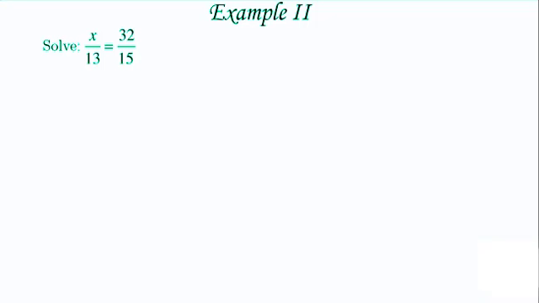This example is, again, a proportion, and it's asking us to solve. This has a variable, but we're still going to approach it the same way that we would any other proportion, and that's by finding the cross products.